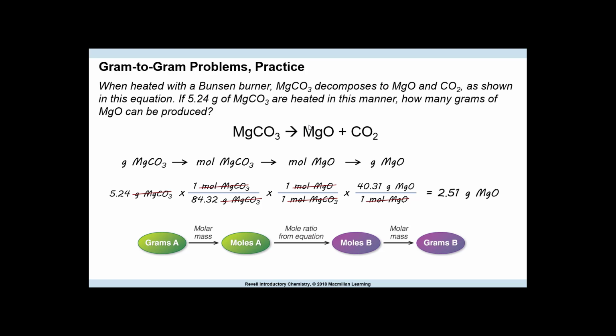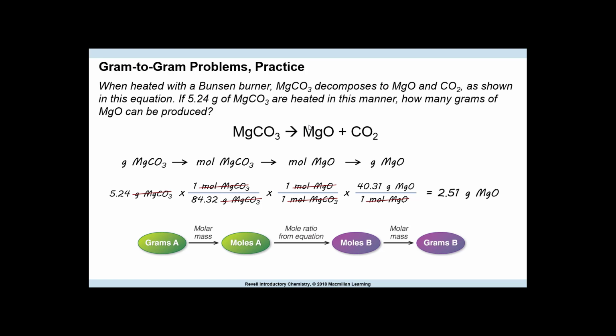We begin with the 5.24 grams and we convert to moles of magnesium carbonate. We then multiply by 1 mole of magnesium carbonate over 84.32 grams of magnesium carbonate, which is the molar mass. The grams of magnesium carbonate cancel. We then convert to moles of magnesium oxide using the ratio in the balanced equation: 1 mole of magnesium oxide per 1 mole of magnesium carbonate.